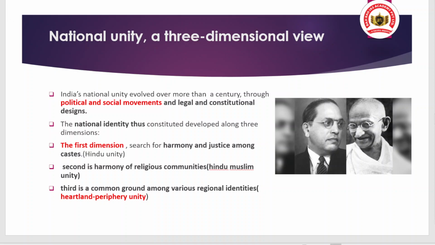And when we talk about the evolution of national unity, it took time to achieve. For this we had political movements and social movements. You should remember the social movements going on during the 18th and 19th century by various personalities like Raja Ram Mohan Roy and many more. Okay, so this ultimately led to national unity.